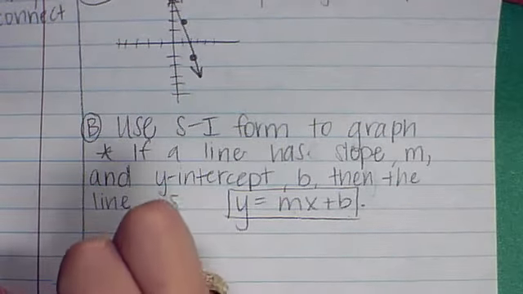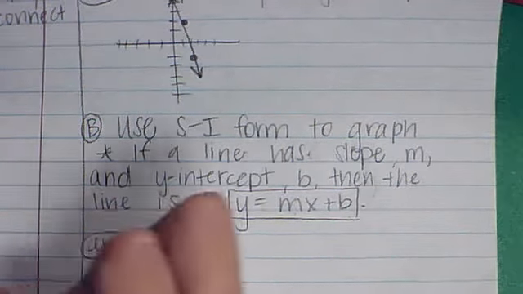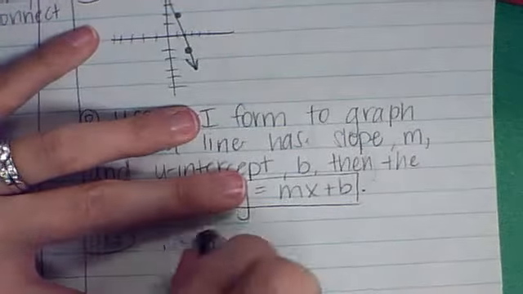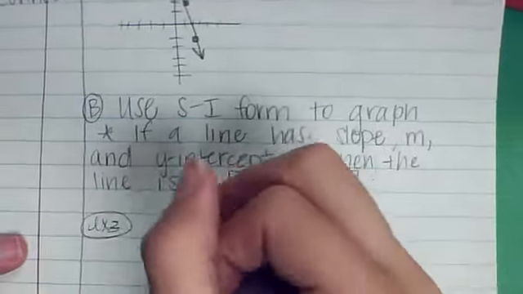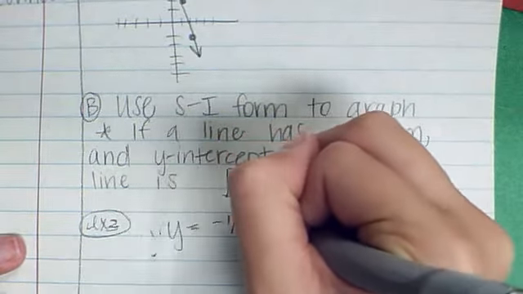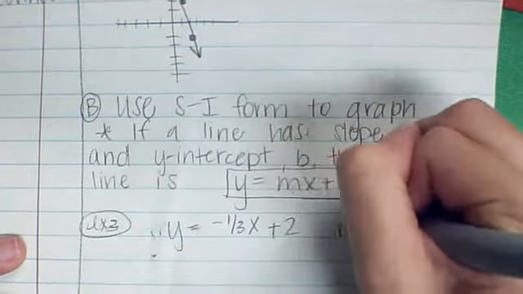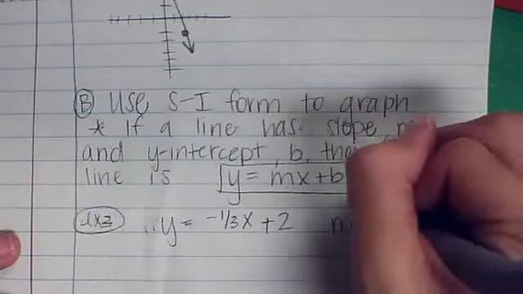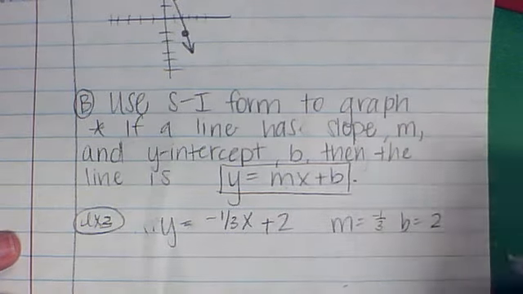So let's look at some examples involving this. Example number 3. I'm going to give you the whole equation and we'll figure out the m and b. Okay, y equals -1/3 x plus 2. We need to pick out the m and the b. The m is right in front of the x, so that's -1/3, and the b is 2.